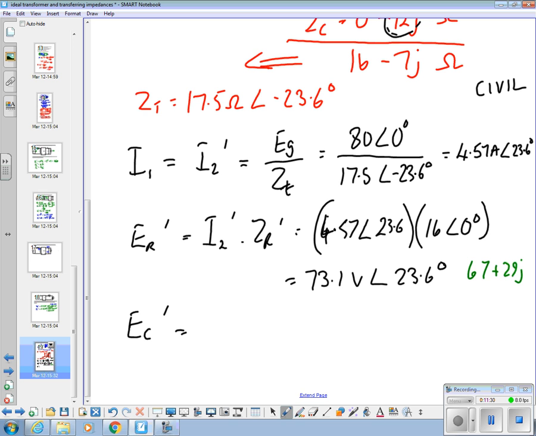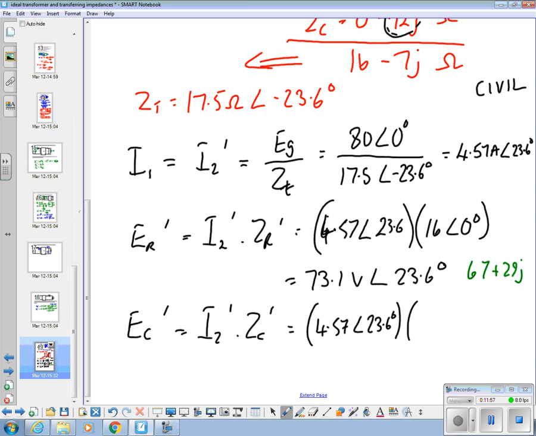EC dash, which is I2 dash times ZC dash. 4.57 angle 23.6 degrees times, and this is where I went wrong initially, I went 16 angle minus 90 instead of 12 angle minus 90.